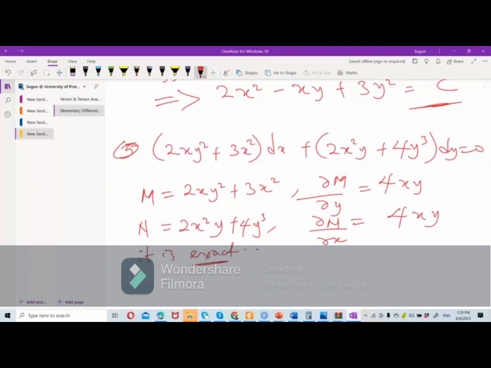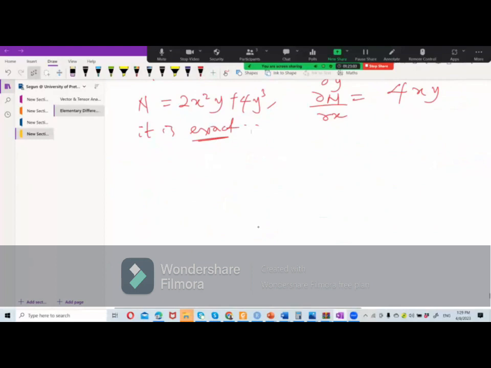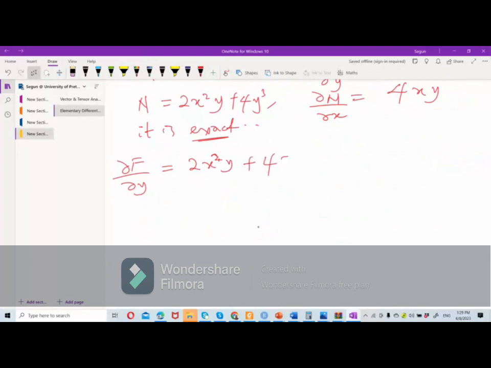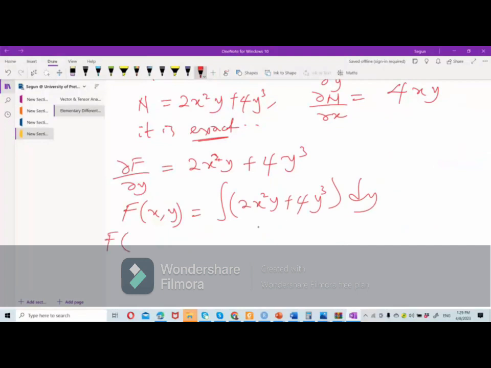So we continue by saying the f dy is equals to 2x squared y plus 4y cubed. So at the end of the day, you have f of x comma y to be equals to integral of 2x squared y plus 4y cubed dy. When you integrate this one with respect to y, what do you have?